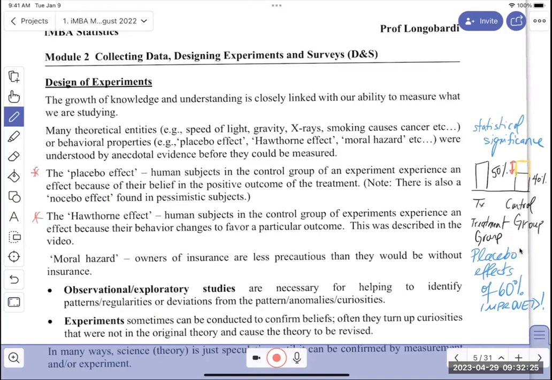All right, any comments about what I had to say? So the placebo effect of about 60% improved has been observed in many trials.